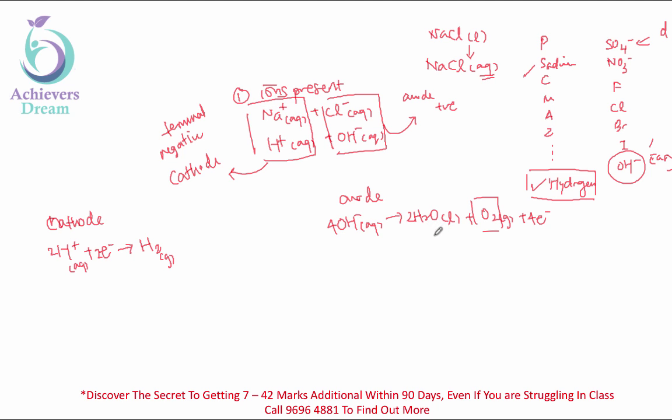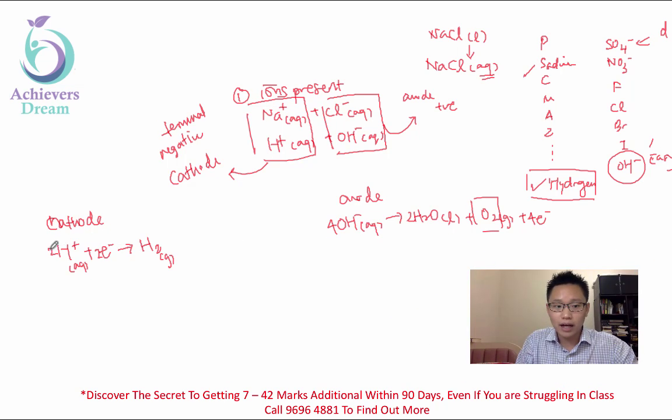Okay, so what we will observe, number 1, is gas bubbles released here. Okay, so finally, how do I combine both together into one full equation? I multiply by 2 here, 4, 4, 2, because there are 4 electrons over here.